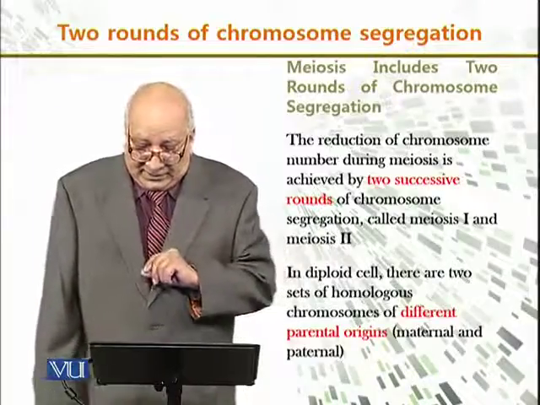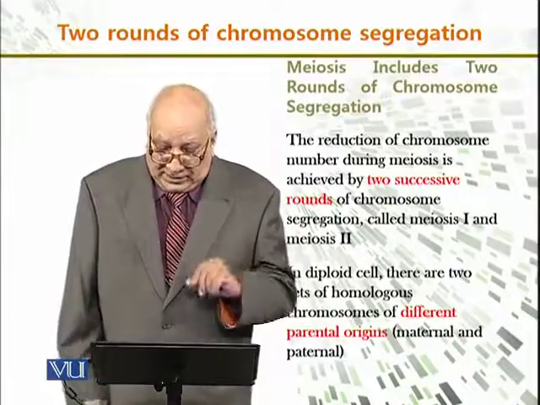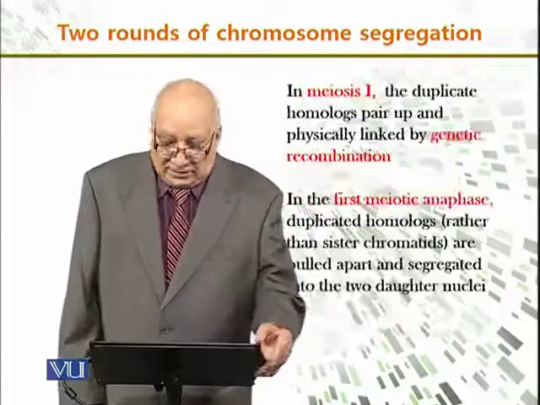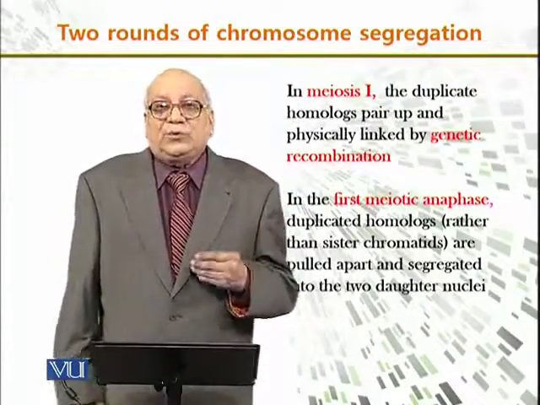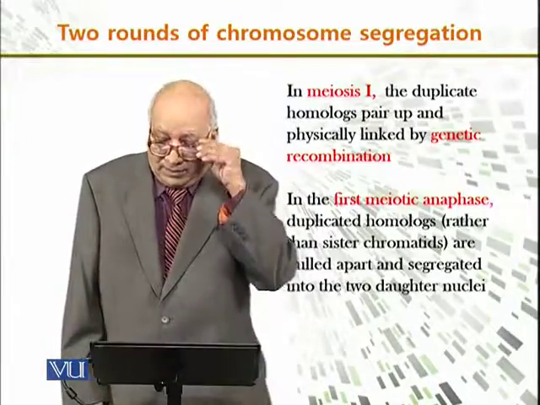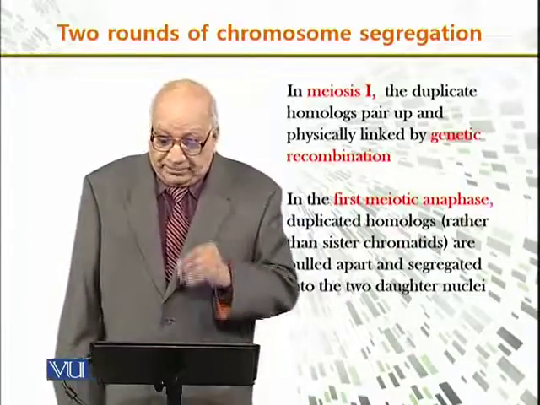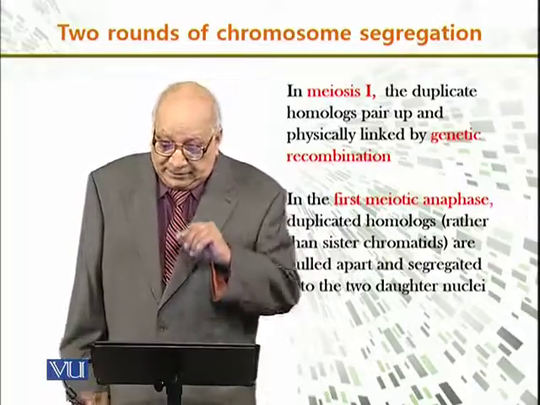In diploid cells there are 2 sets of homologous chromosomes of different parental origin. What are homologous chromosomes? Homologous chromosomes are those chromosomes which are similar to each other. So in meiosis 1, the duplicated homologs pair up and are physically linked by genetic recombination.